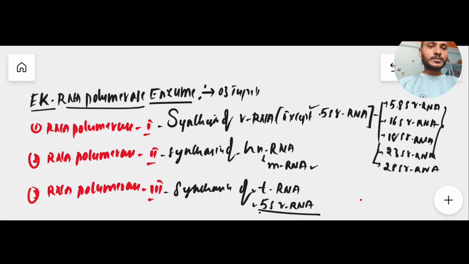And one more RNA is also synthesized by RNA polymerase 3, that is snRNA. So snRNA, 5S rRNA and tRNA, these three types of RNA are synthesized by RNA polymerase 3. So this is all about the eukaryotic RNA polymerase enzymes.